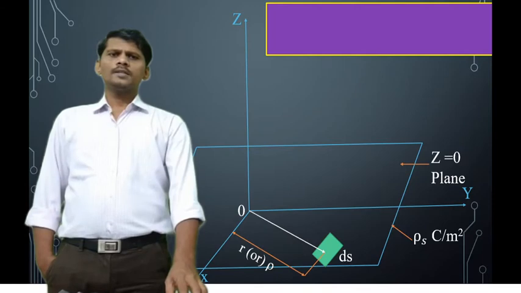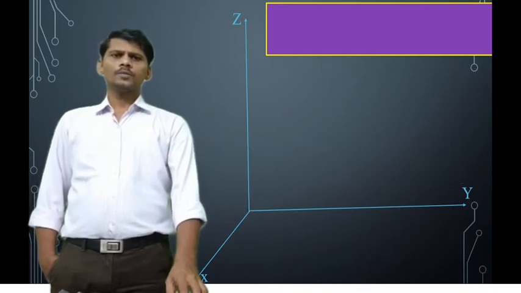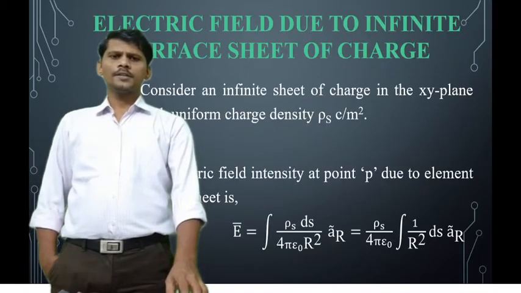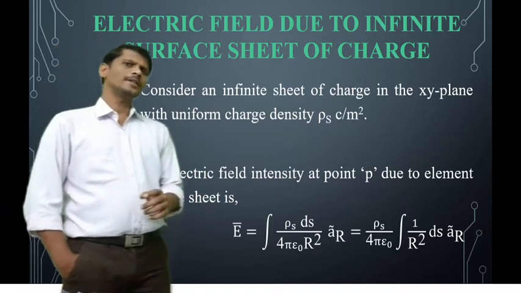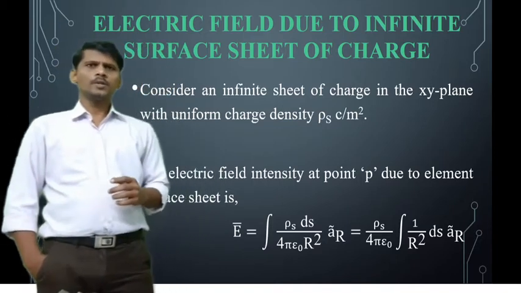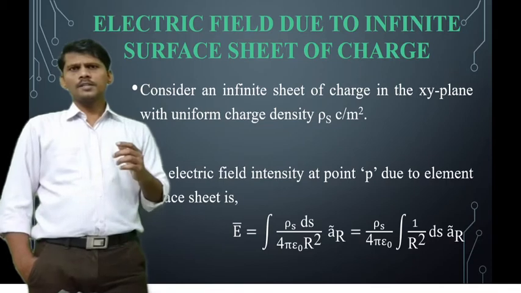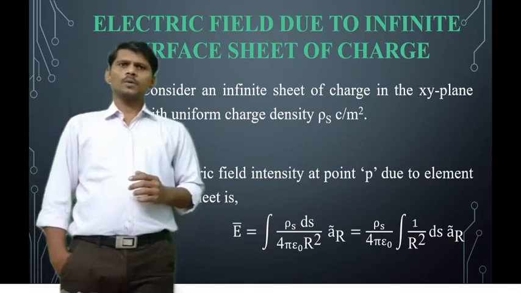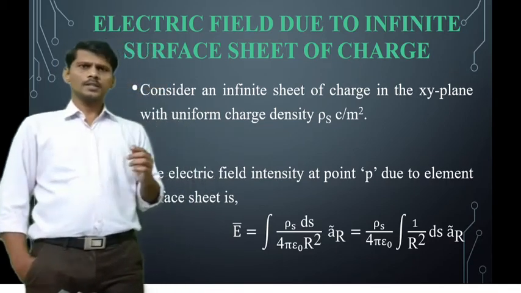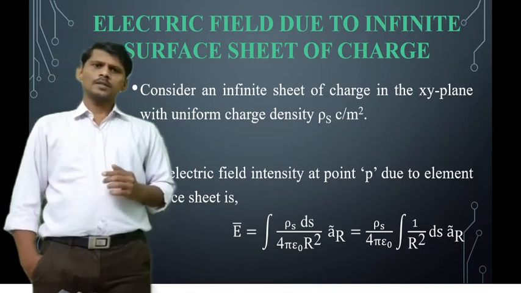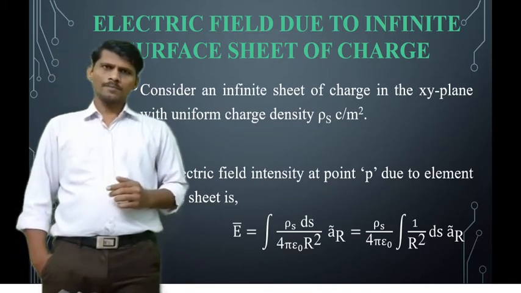We know that the electric field intensity at point P due to a surface charge distribution is given by E bar equals the surface integral of rho s dS by 4 pi epsilon naught r square into a r bar.